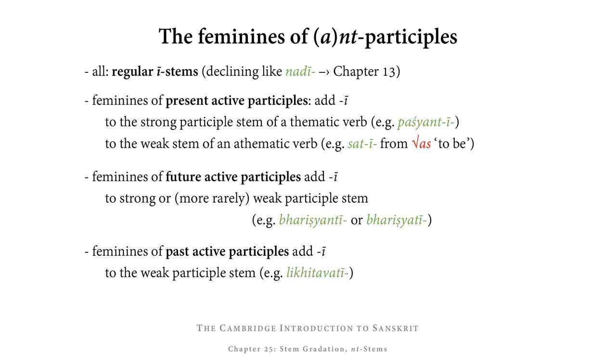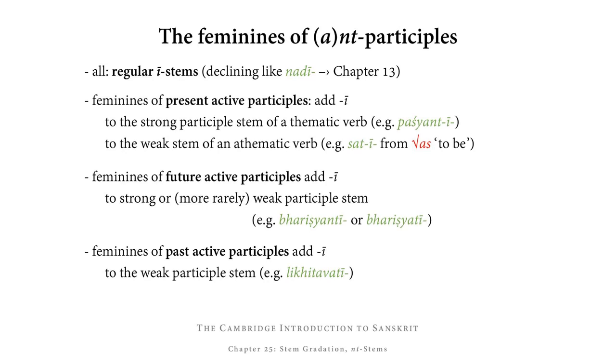The feminines of future active participles add long i, usually to the strong participle stem, but they can also more rarely add it to the weak participle stem. So from parishyant, about to carry, we can get the feminine parishyanti or also the feminine parishyati.